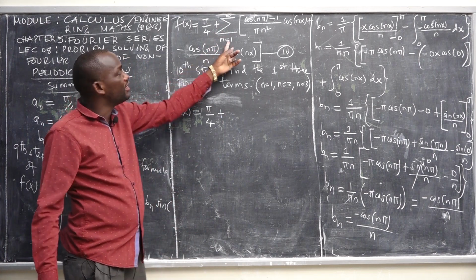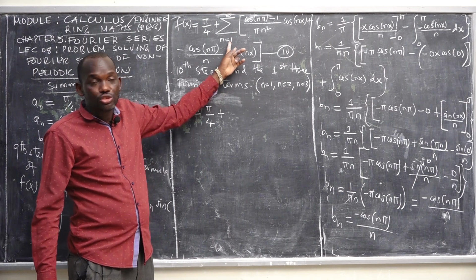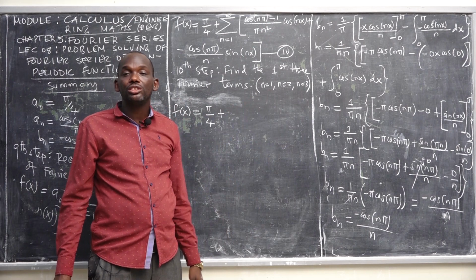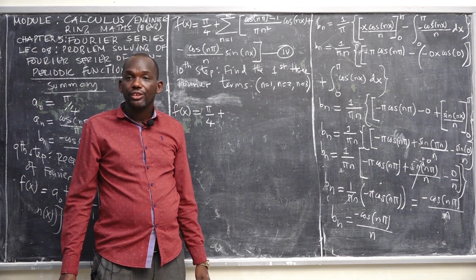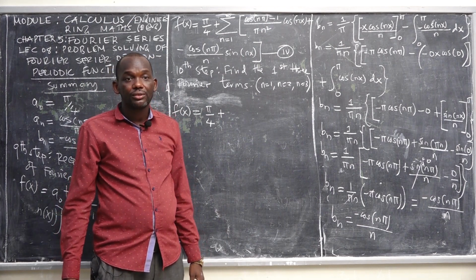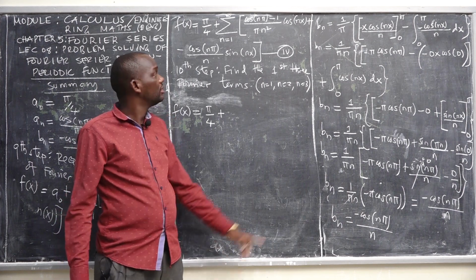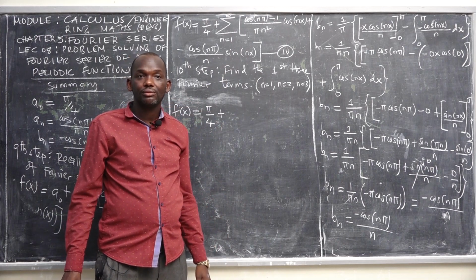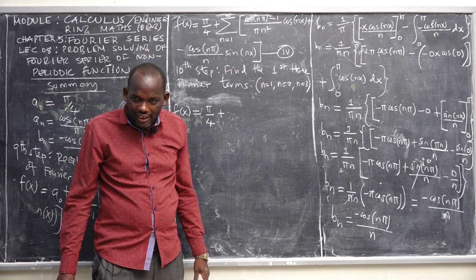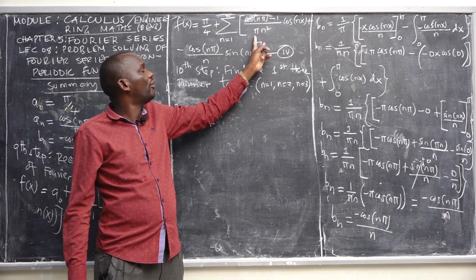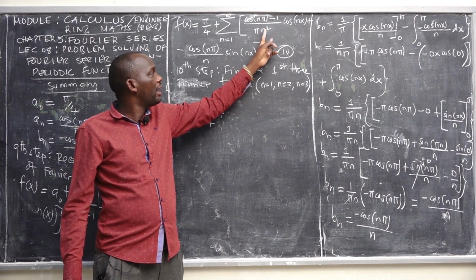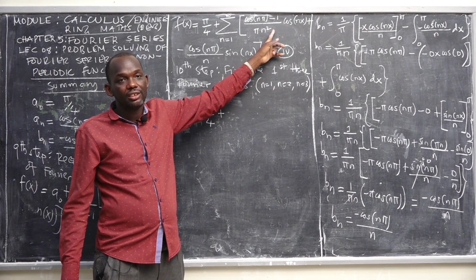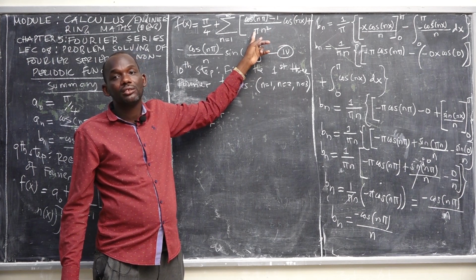We are substituting when n is equal to 1. So when n is equal to 1, here we are going to have cos of pi. Cos of pi is what? Use your calculator. Cos of pi, students? Negative 1. So you'll have negative 1 minus 1, negative 2, over 1 squared times pi.